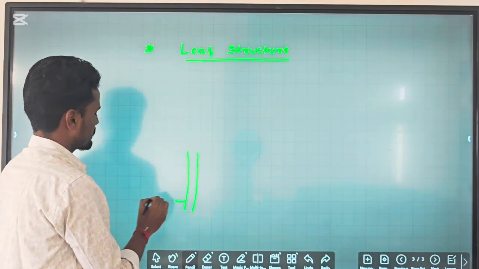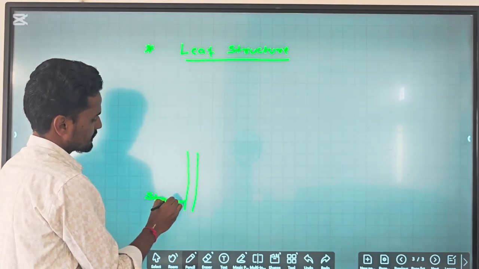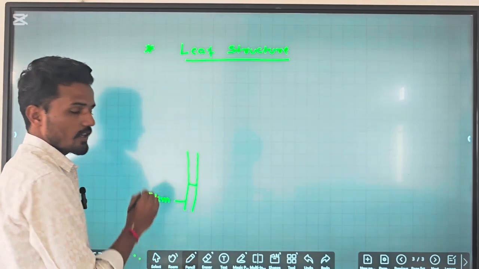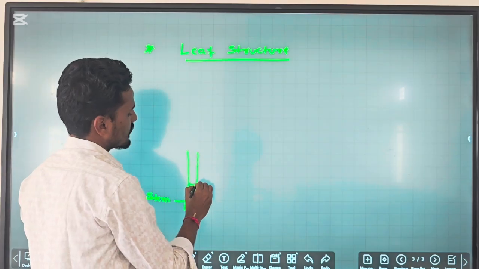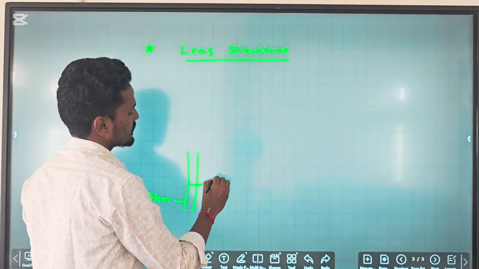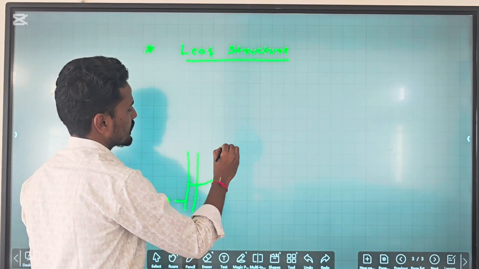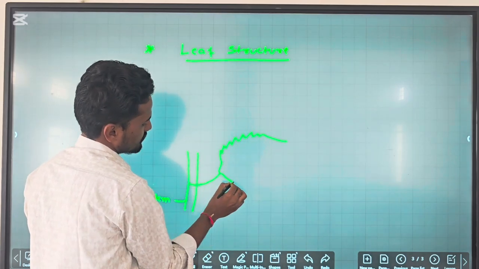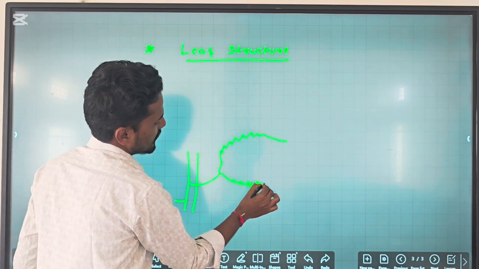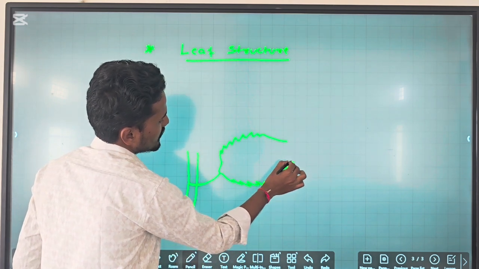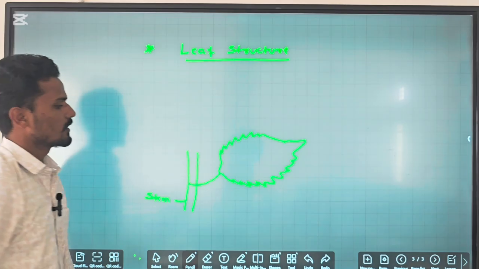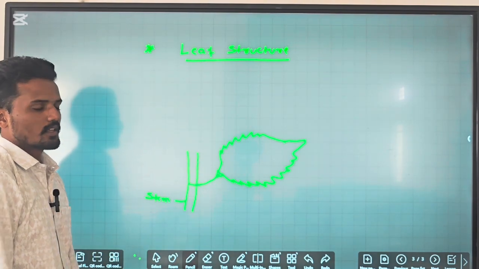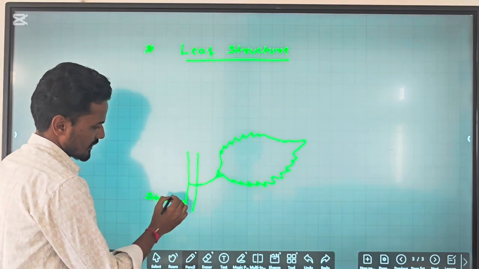This is the stem. On this stem, there is a nodal region. From this nodal region only, the leaf is going to arise. This is a typical diagrammatic representation of a leaf. So in this leaf, we commonly see that this is the stem.